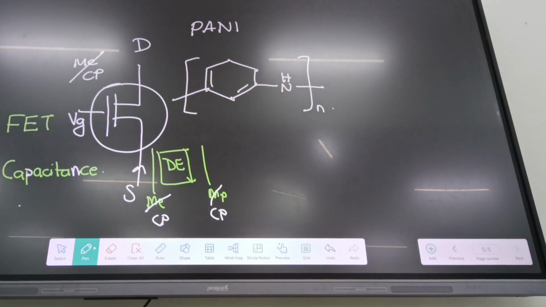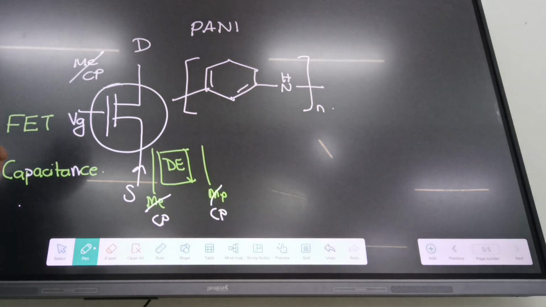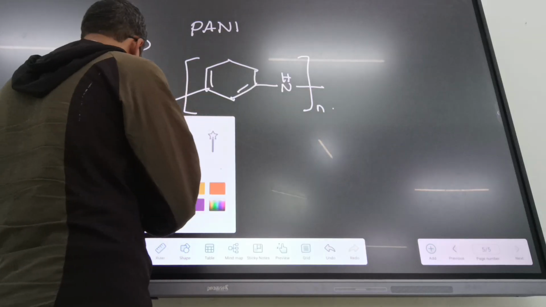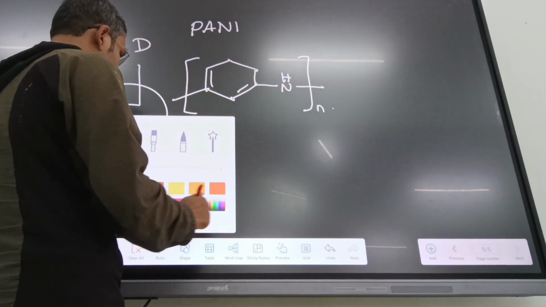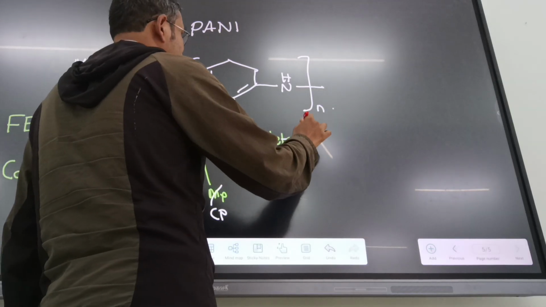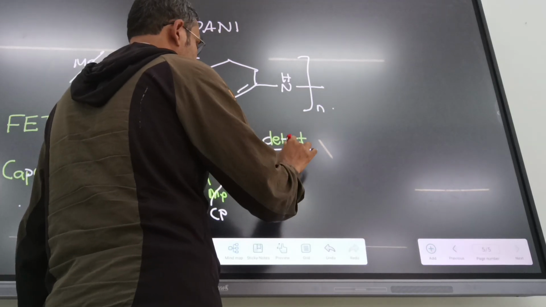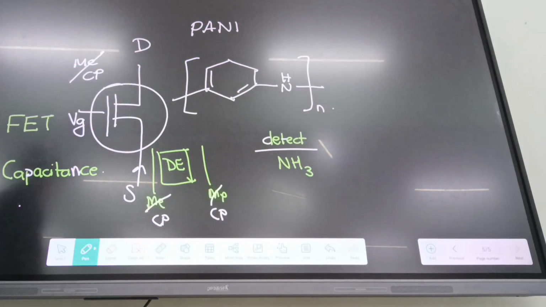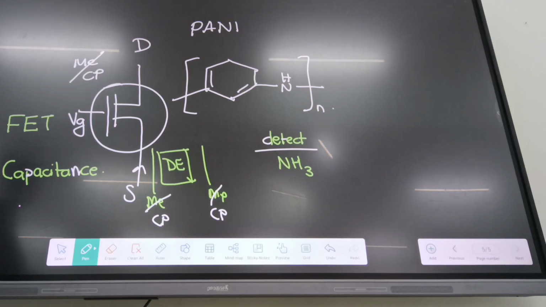This is used when it can detect ammonia, a harmful gas. Okay.